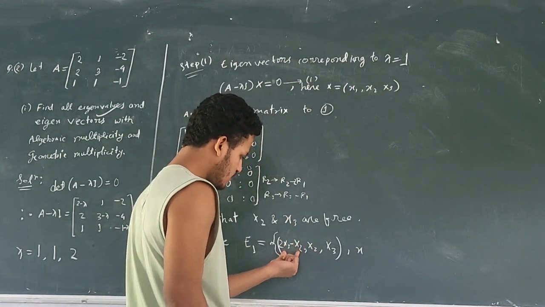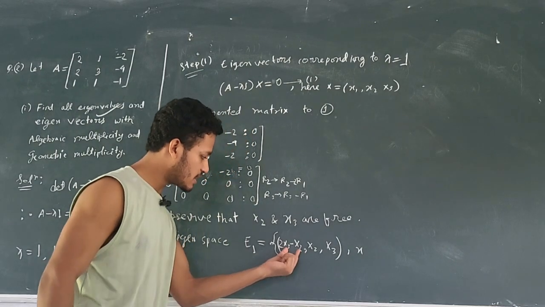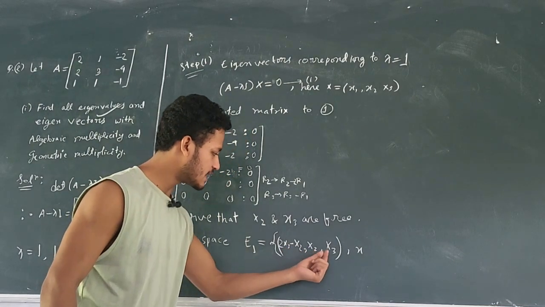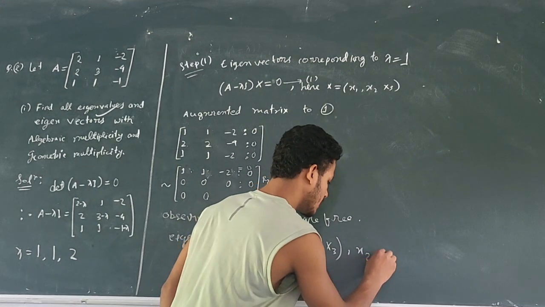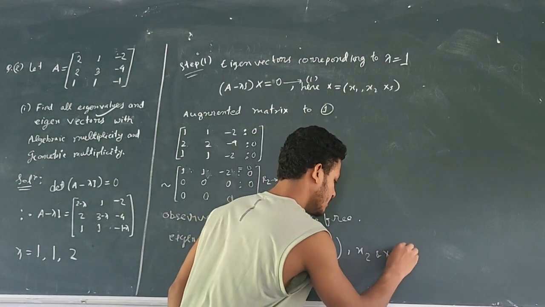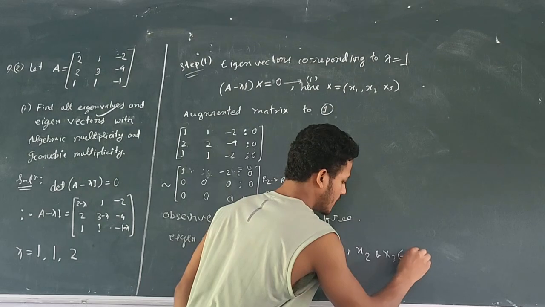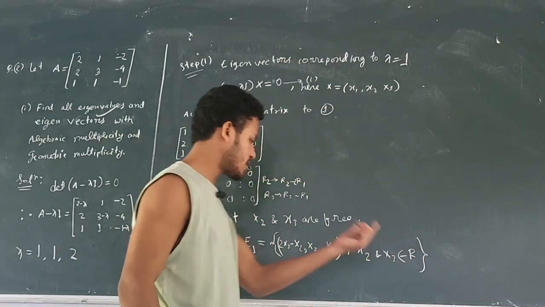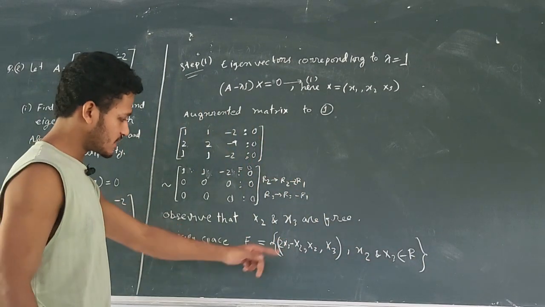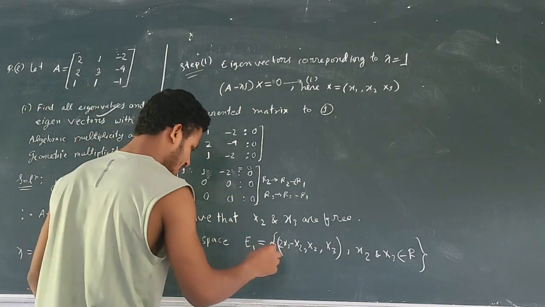So x1 is made from x2 and x3, and this is x2, x3. So x2 and x3 belong to R. These are real numbers. This is the eigenspace. Now you can find eigenvectors.